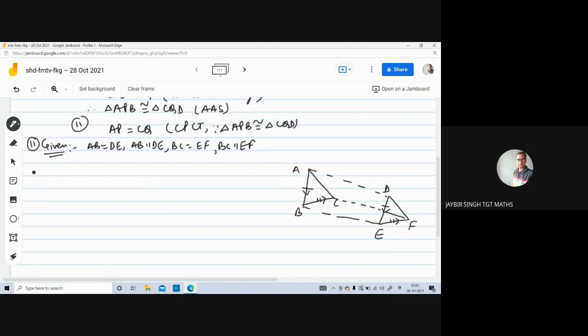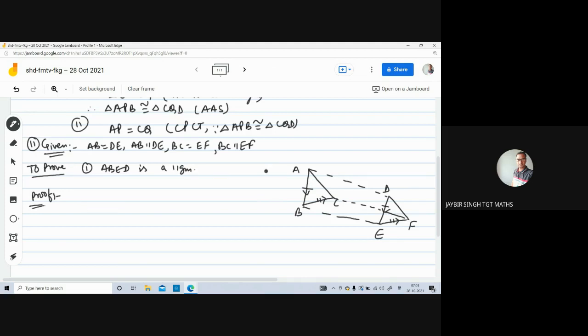Now what we have to prove? To prove, you just write all the parts. ABED is a parallelogram. I'm not writing any part, I'm just doing proof only. So proof. ABED is a parallelogram.